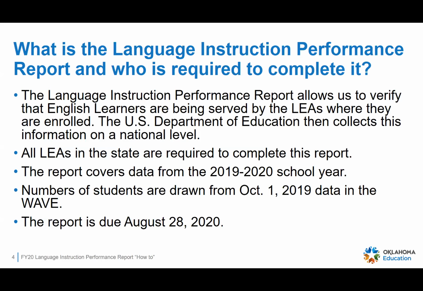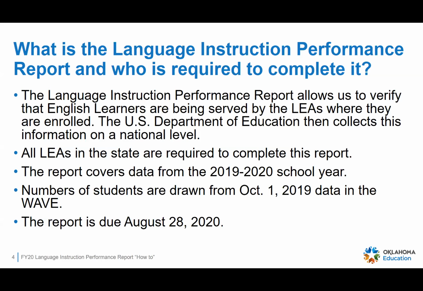All LEAs in the state are required to complete this report, whether you currently have any English learners enrolled or not. If you don't have any English learners enrolled, then it's a very quick report to fill out, but you still are required to submit a report.